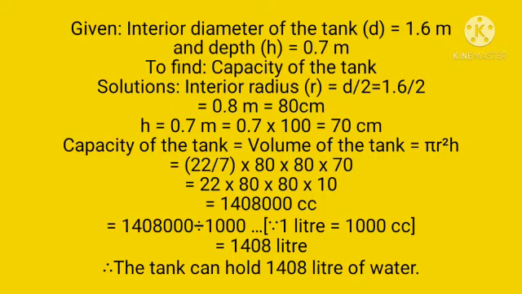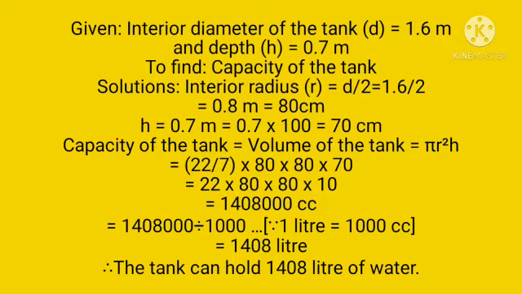Now, capacity of the tank is equal to volume of the tank, which is equal to pi r square h. Let us substitute all the values. So we get volume of the tank is equal to 22 upon 7 multiplied by 80 multiplied by 80 multiplied by 70, which is equal to 22 multiplied by 80 multiplied by 80 multiplied by 10.